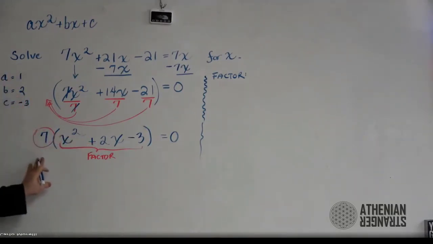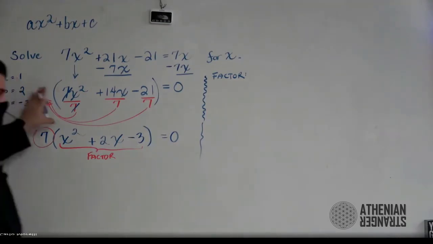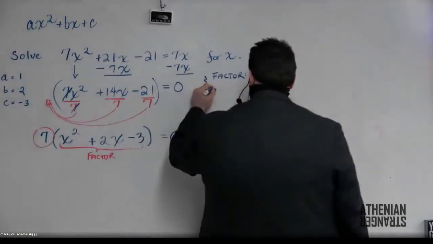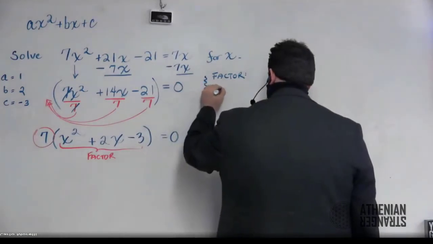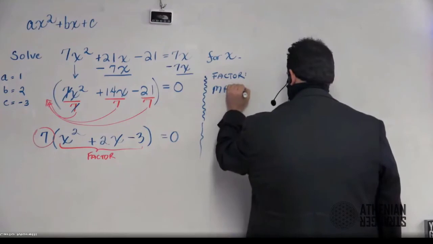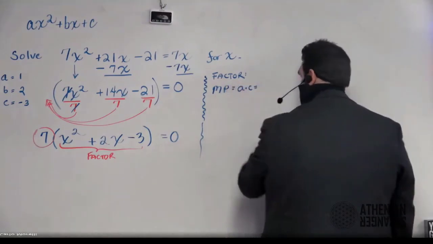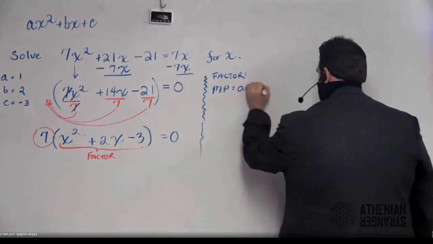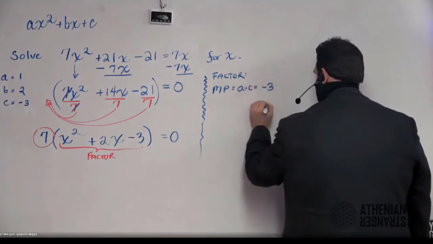Since we've already performed the greatest common factor test, we already know that these are relatively prime numbers to one another, and we can just proceed. What does MP stand for? Master product. So we compute the master product as A times C. 1 times negative 3 is negative 3.